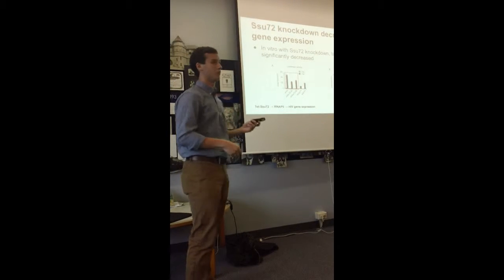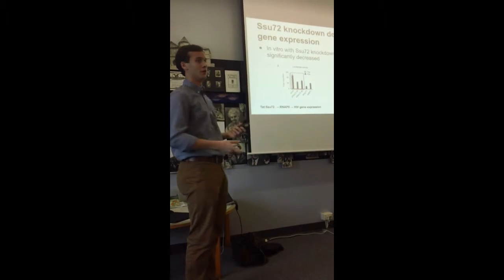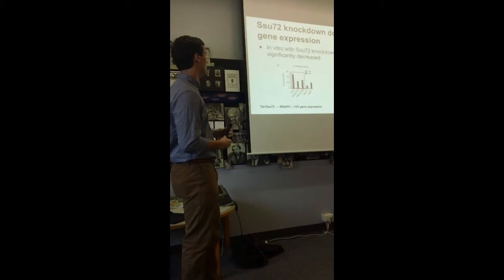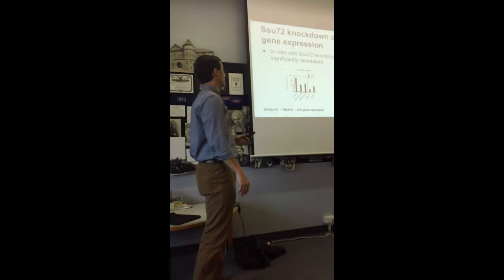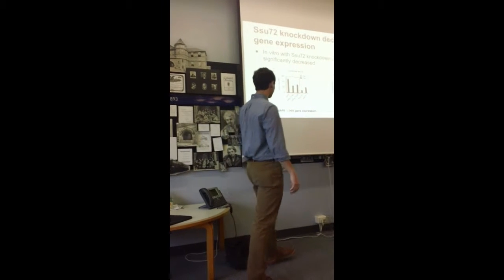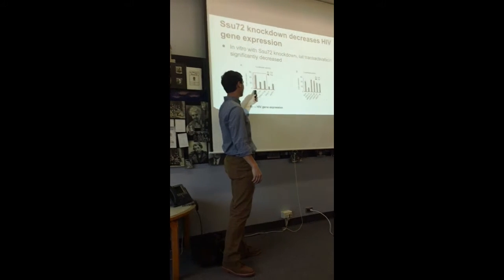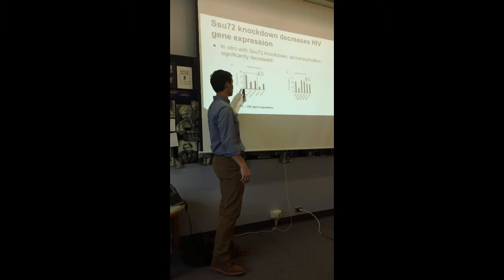So then the researchers looked at what would happen if they knocked out SSU72 and how that would affect TAT's function and HIV gene expression. And what they found was that, once again, TAT negative cells, very little HIV transcription.